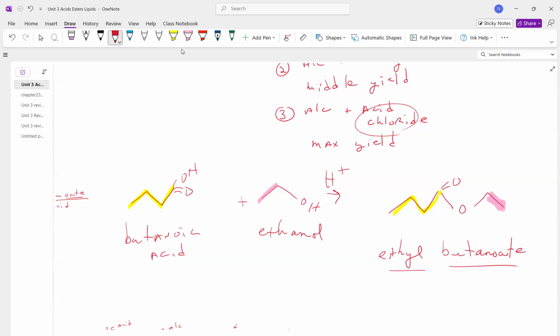We start with the backbone, the primary backbone. That's the acid part. And then you always have a secondary backbone with esters. One starts with the acid, the other starts with the alcohol, in acidic conditions.